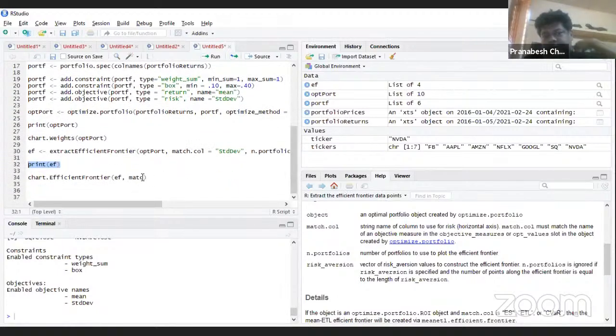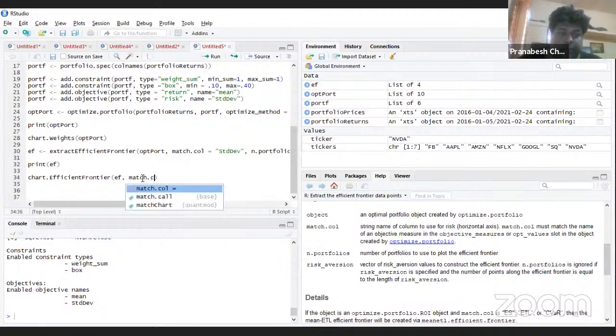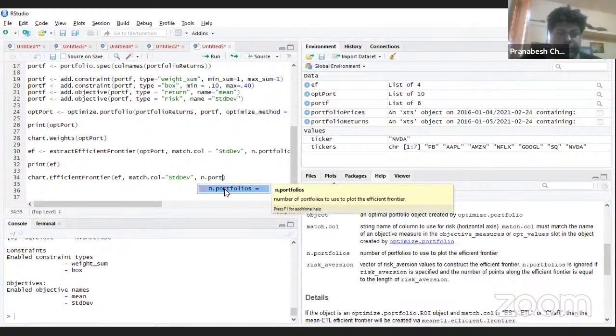Basically it does not give you values because it's a curve, based on which you have to decide your point. Now let's plot that curve. For match.column we will give standard deviation, right? And then n.portfolios, which we have already given, 25. We want to restrict it to that.